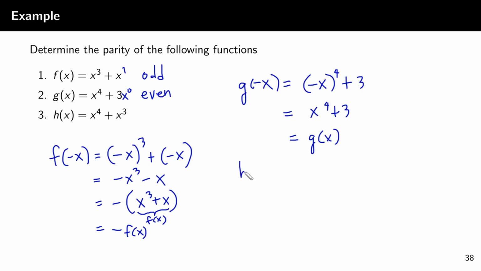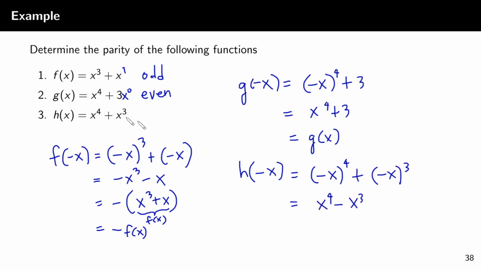Ngayon, i-verify natin kung odd or even ang h of x. So, evaluate ko yung h at negative x. Meron akong quantity negative x raised to 4 plus quantity negative x cubed. And I will get x raised to 4 minus x cubed.